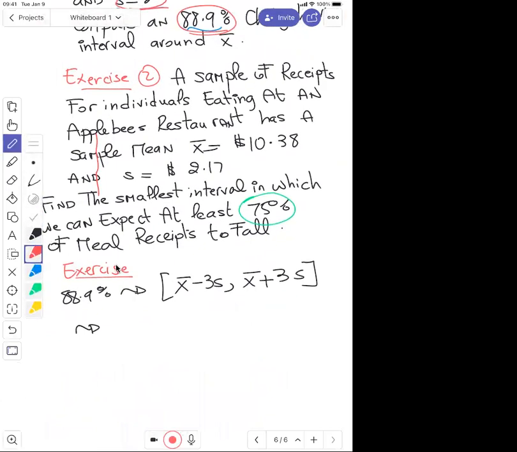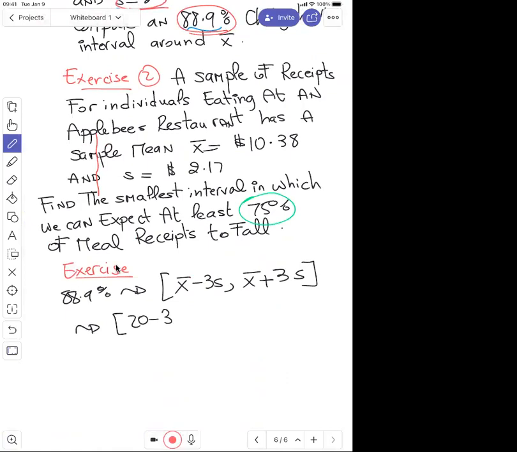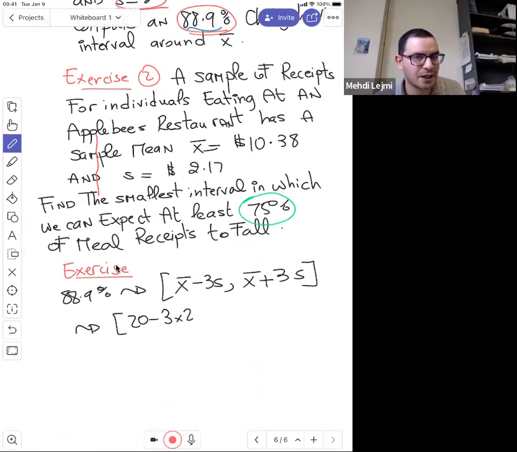They are given. So then you do 20 minus 3s. s is 2, so 3 times 2. When I say 3s, it means 3 times s. And then, comma, we have 20 plus 3 times s, so 3 times 2.